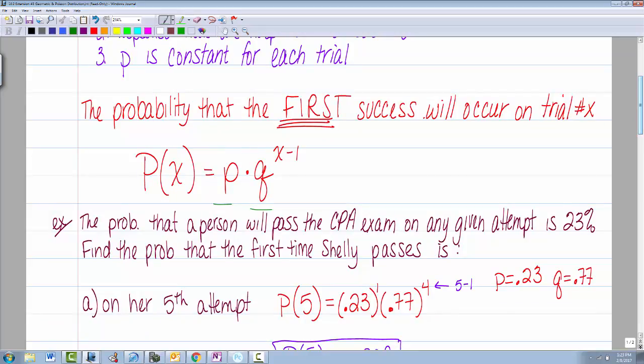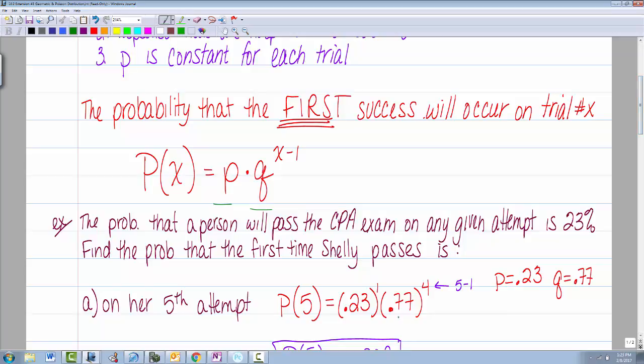This means she failed on the what attempt? First and, but then what does she do on the 5th? Pass. What's the probability that she fails on the first attempt? 77. Second attempt? 77. Third? 77. Fourth? 77. Then what's the probability she passes on the 5th? 23.